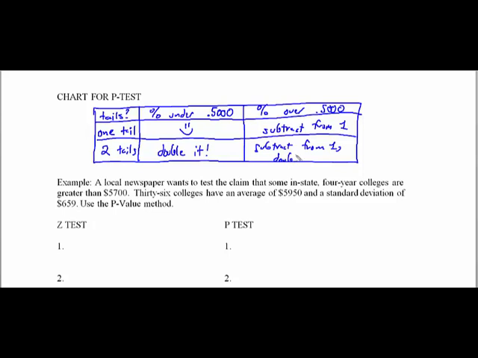And again, doubling is because since you have half the critical region on either side, you're going to want to double it to compensate for the fact that it is a two-tailed test. So you actually have less of a chance of getting inside the critical region, so to speak.